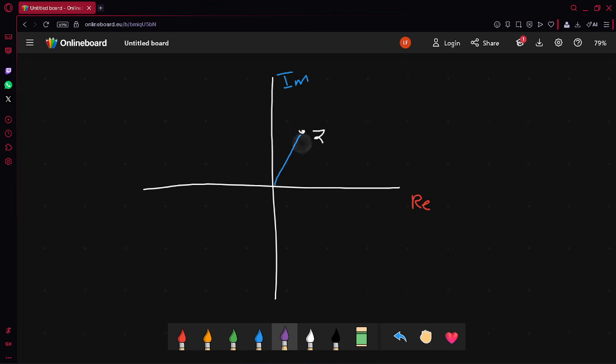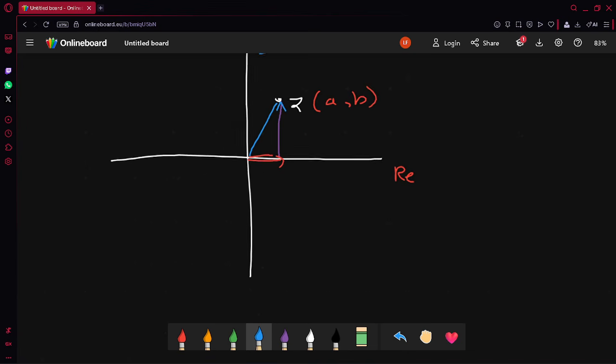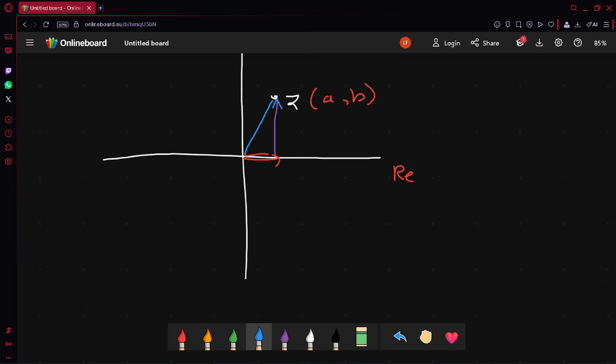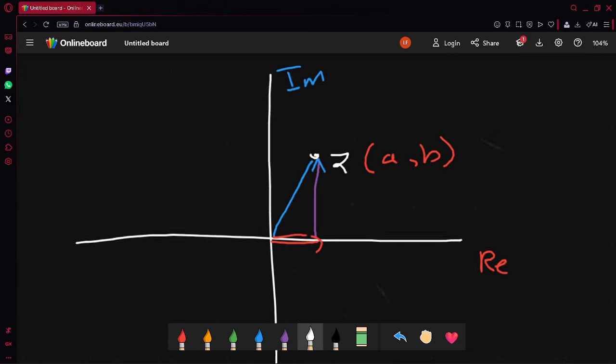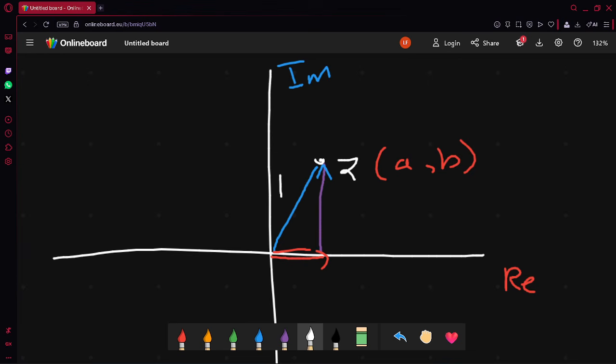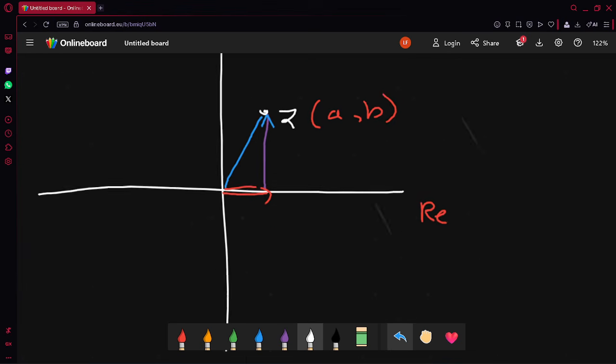So you would have to use the Pythagorean theorem, and you know that this length is a, so this is a plus bi, a comma b. So this length is actually a, and this length is b. You just need to remember that. I'm going to go in depth into this in the next video. So this is your distance from center, or you could say modulus of z.